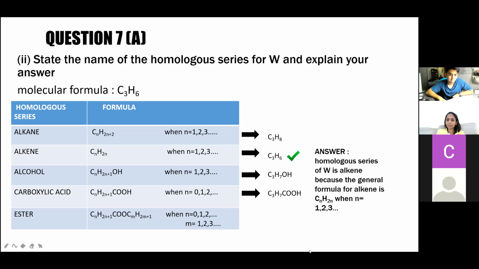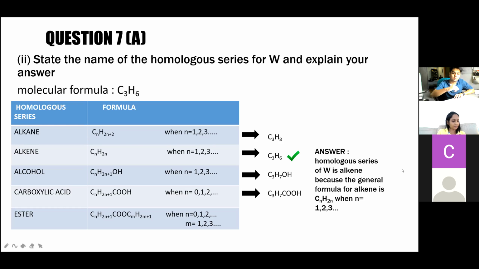Your whole sentence is correct, except for the last part. It's a very good explanation. Be careful next time. Why can't I put n is 1? If you put n equals 1, it's not an alkene. Alkene starts with ethene, C2H4. C1 is CH2. It's not an alkene. It has no carbon-carbon double bond. Okay, good. Just take note, everybody, n starts from 2.